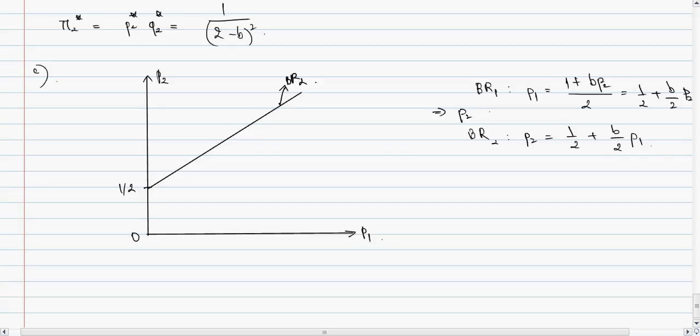If you rearrange it, you will see that P2 will be equal to (2 P1 minus 1) divided by B. Okay, so you get negative 1 on B plus 2 on B P1. So that is the best response function for firm 1, with P2 as the subject. As you can see, the vertical intercept is negative, so it will start somewhere down here, somewhere negative.